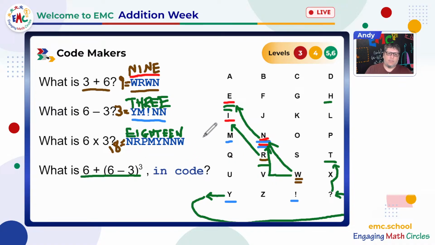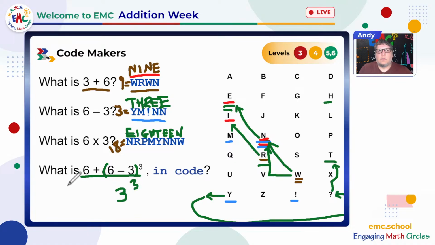What is 6 plus bracket 6 minus 3 all cubed? Well, we follow order of operations. We want to do parentheses first. 6 minus 3 is 3.